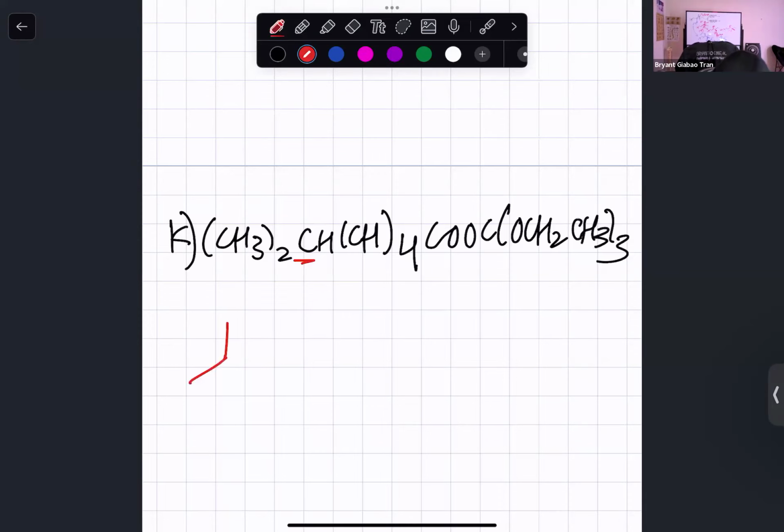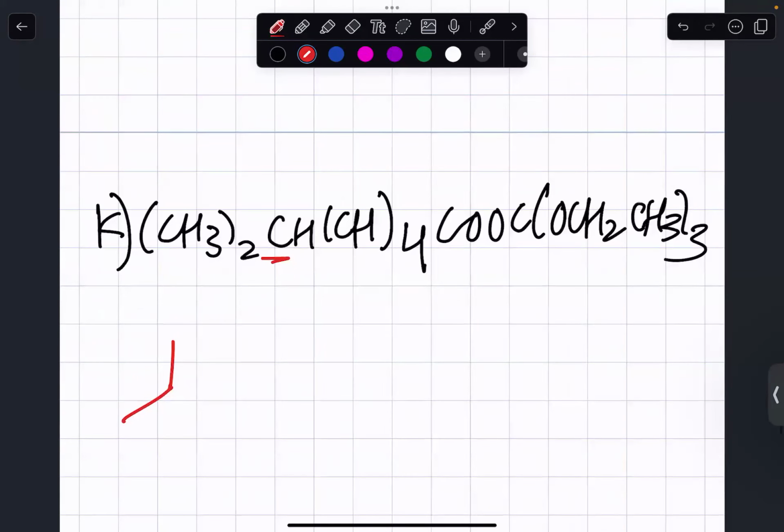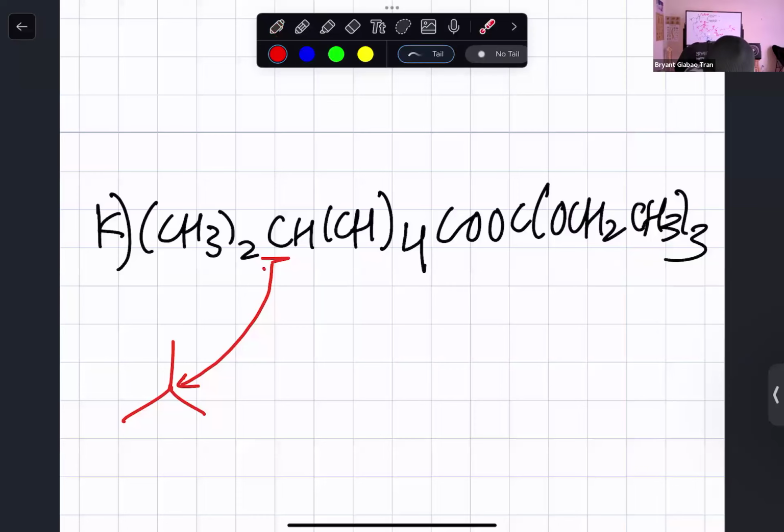Central atom with 2 methyl groups like that. And then that carbon is also attached to a hydrogen, which we could leave out as invisible like that.